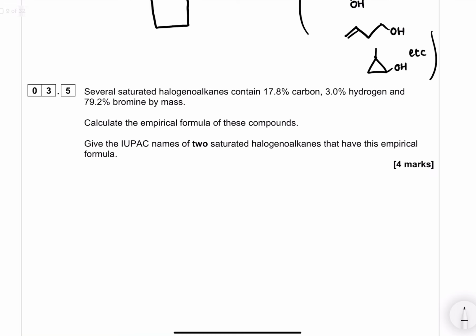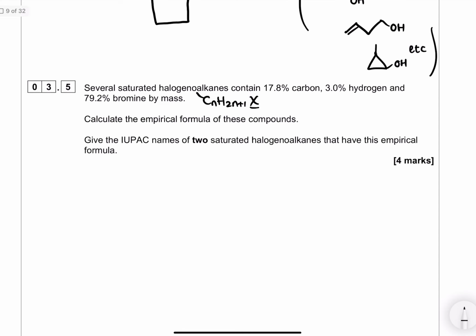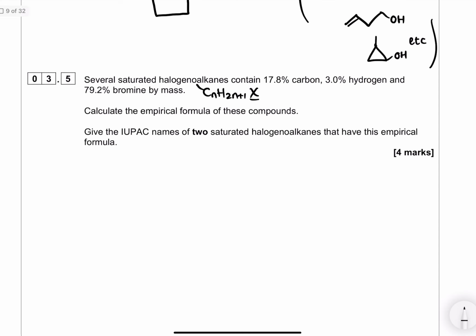Several saturated halogenoalkanes, so CnH2n+1X, where X is the halogen, contain, and we've got some percentages, and we've been asked to calculate an empirical formula. So let's convert our masses, 17.8, 3.0, and it's Br, 79.2.